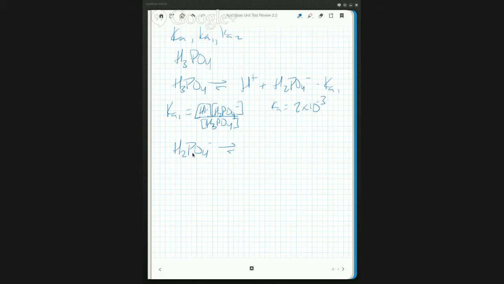H2PO4 minus dissociates into H plus plus HPO4 2 minus. And this is Ka2. So Ka2 is equal to the concentration of H plus coming off of this one times HPO4 2 minus, all over H3. Oh, I'm sorry, not H3.